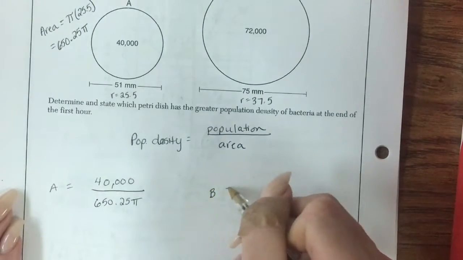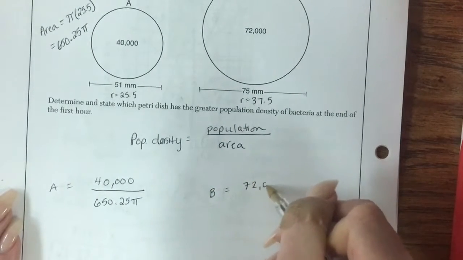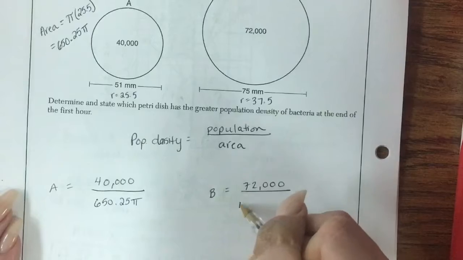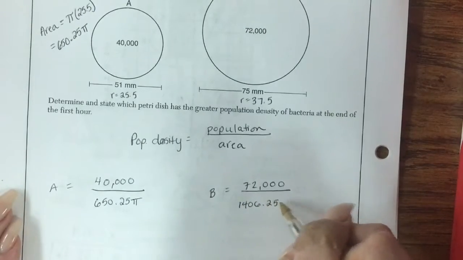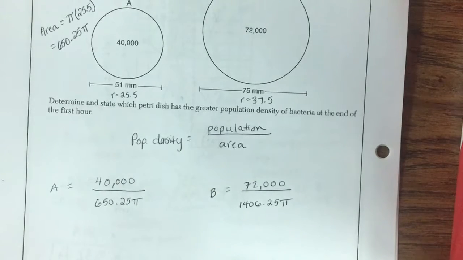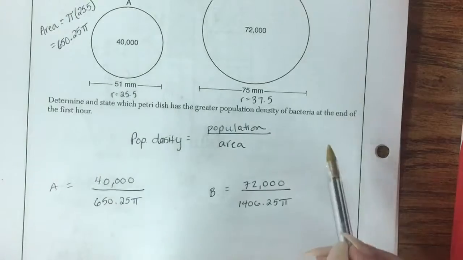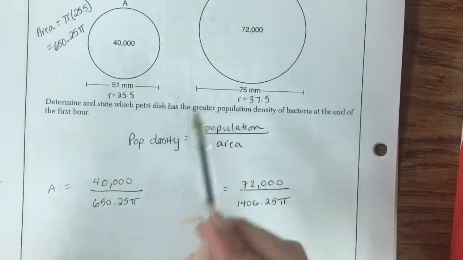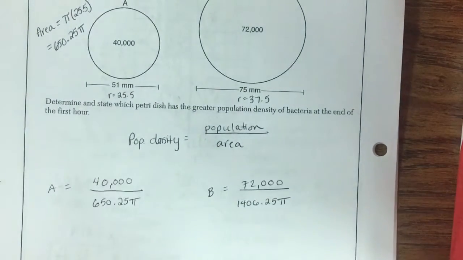And then for B, the population density would be 72,000 divided by 1406.25 pi. Now I'm only leaving it like this so that I can get the most accurate answer. It probably isn't that necessary because we're just talking about which one is greater. So unless it's down to like 1/100 of a decimal, I could have probably just rounded.